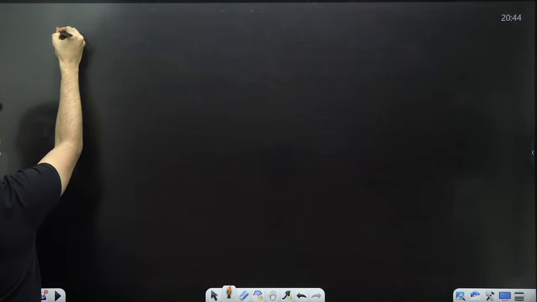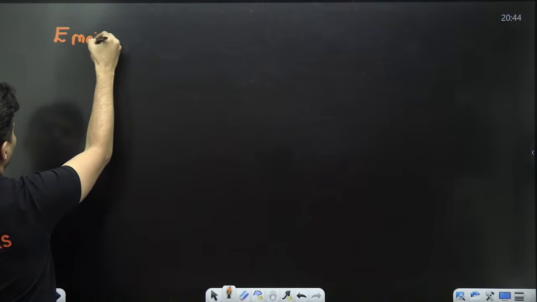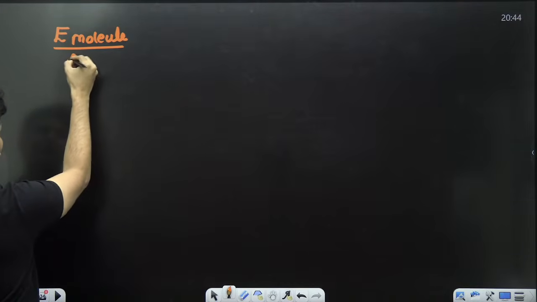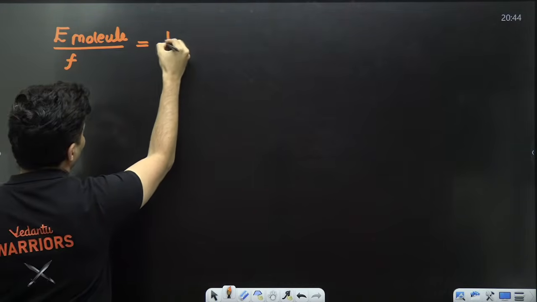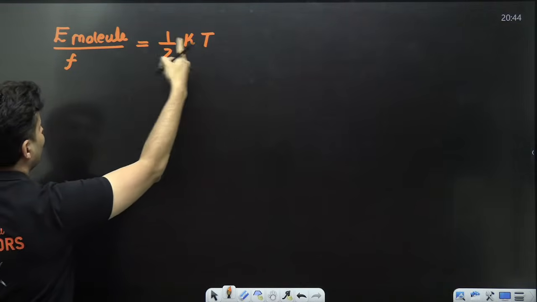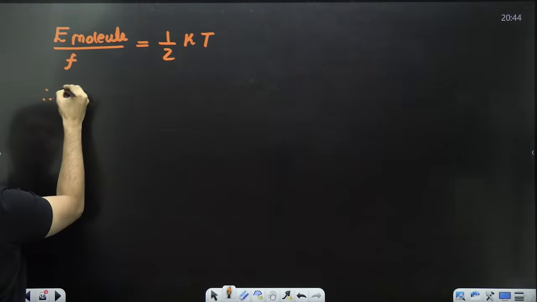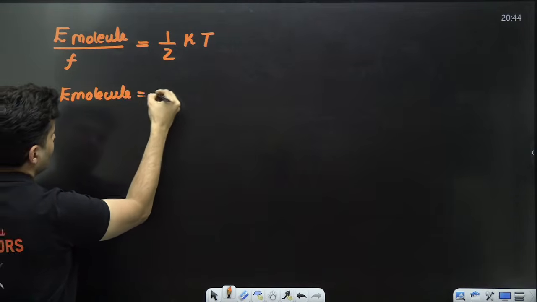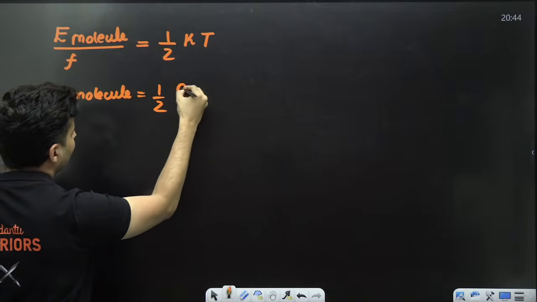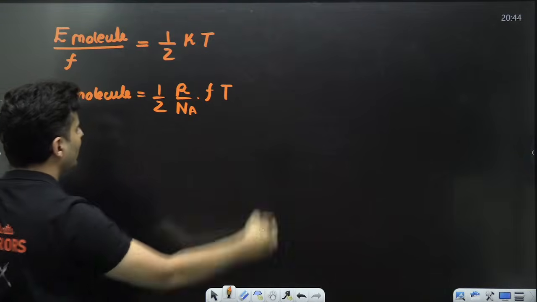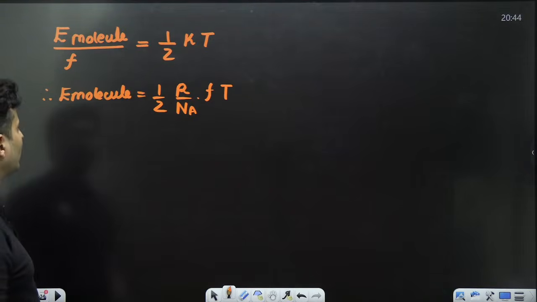If the energy of a molecule per degree of freedom is given by half kT, I will substitute the value of k. Therefore, the energy of a molecule, observe this derivation carefully, is half, instead of k I will write R by Na, and I will write it as f into T. This is of a molecule.